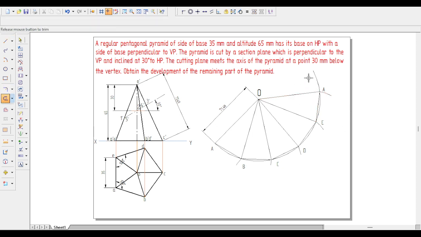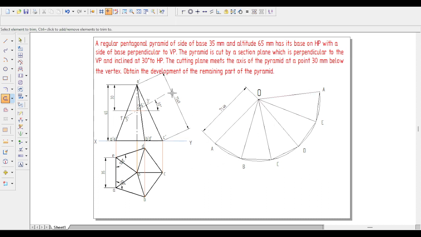The unwanted elements I will remove. This is what the pentagonal pyramid looks like when unfolded, without using the cutting plane.